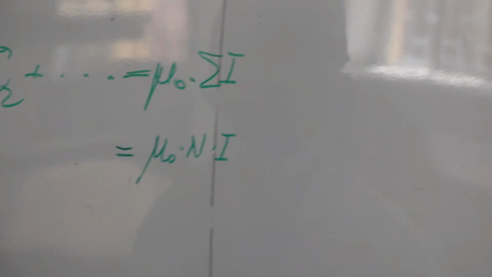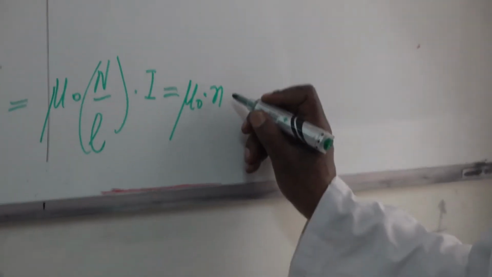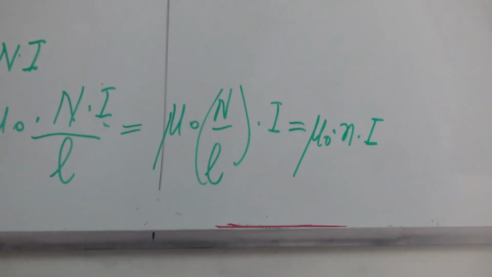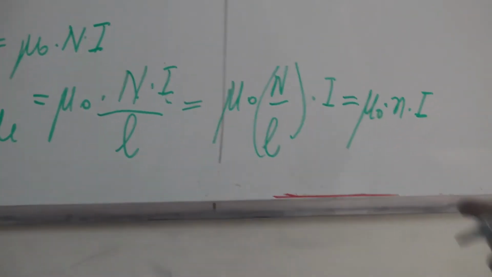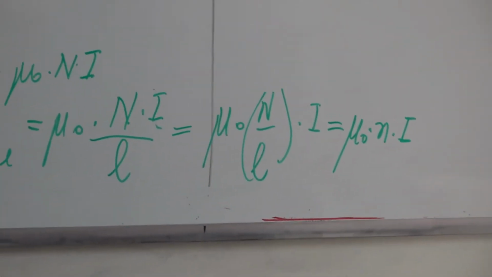So this thing equals mu 0 small letter n times I. Capital letter N is the number of turns. The small letter n is the turn density.